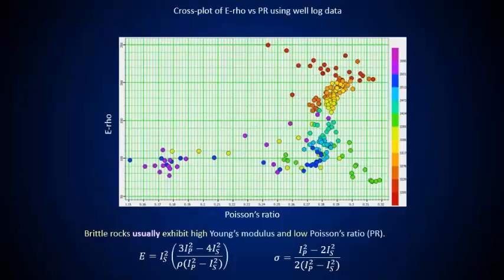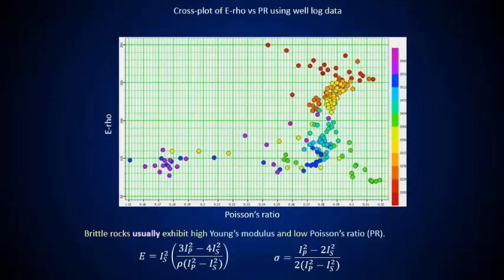Similarly, we have talked about E-rho being a better attribute than mu-rho. We have not only published this, we have given presentations on this at different forums. The idea is that E is the Young's modulus and is a stiffness constant. Poisson's ratio is a measure of the strength of the rock.